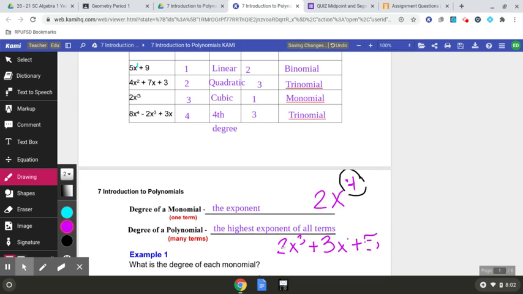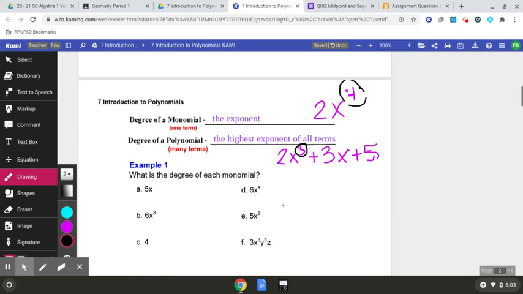It has more than one term. It's actually more specifically a trinomial because it has 3 terms. But when you're talking about its degree, so the degree of this polynomial, it's just the term with the highest exponent. So in this case, the degree would be 3.